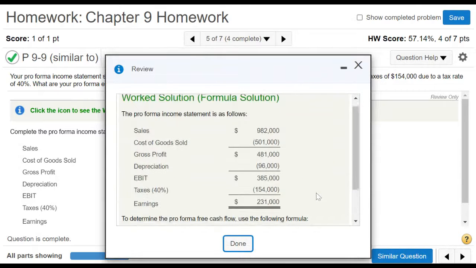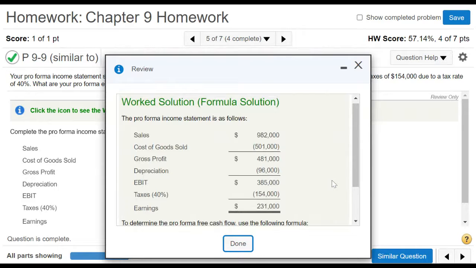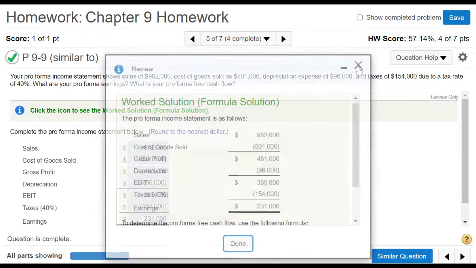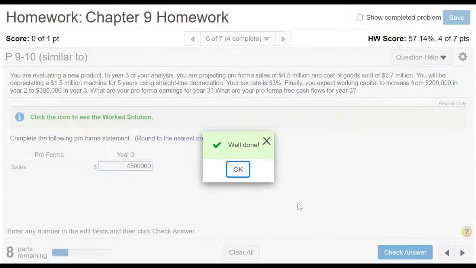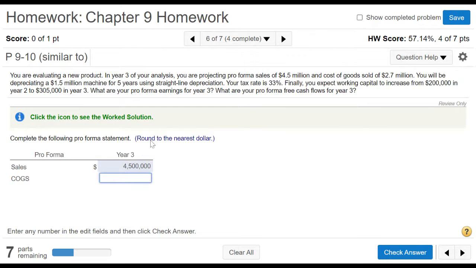So here it is right here. And you see how they have it on here. See if it takes that.